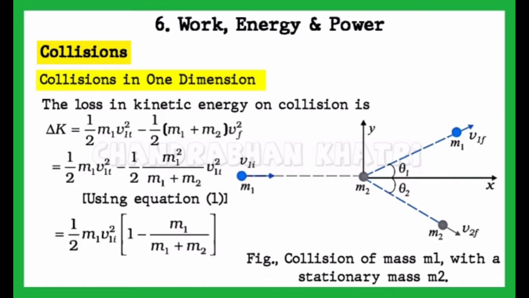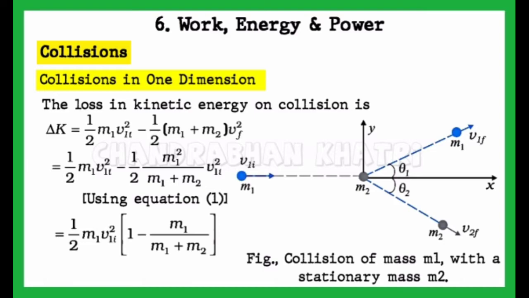The loss in kinetic energy on collision is delta K is equal to half m1 v1i square minus half (m1 plus m2) into vf square. Now using equation first, we will replace vf in this equation. So delta K will be equal to half m1 v1i square minus half m1 square v1i square upon (m1 plus m2).